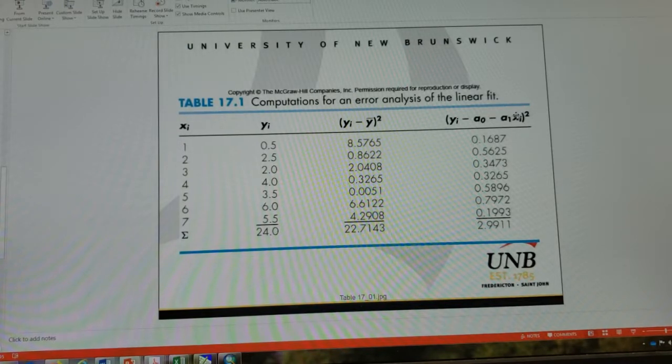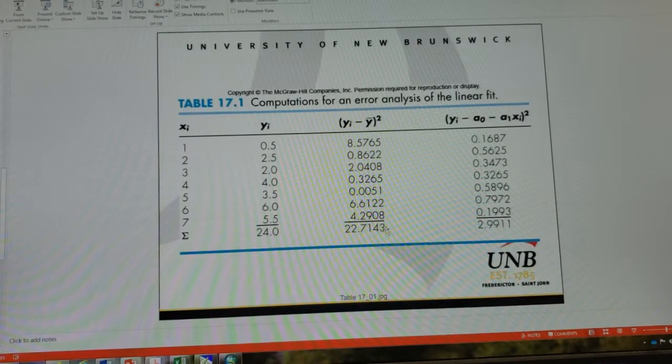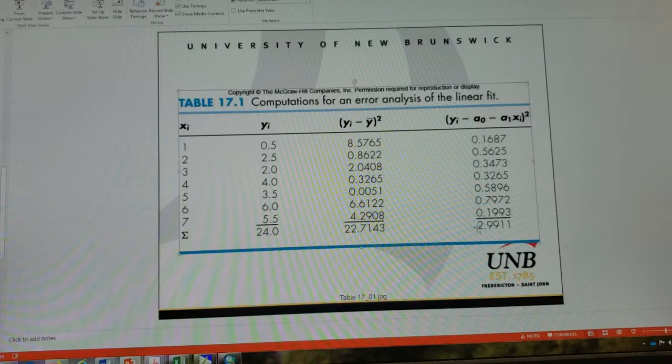Then we square that, and we sum them all up. So R squared is the ratio, this value here minus this value here over this value here. So the closer that each of these data points are to the y value originally, the smaller this value is. And the smaller that this value is, the closer to 0 or closer to 1 that this minus this divided by that gives you.